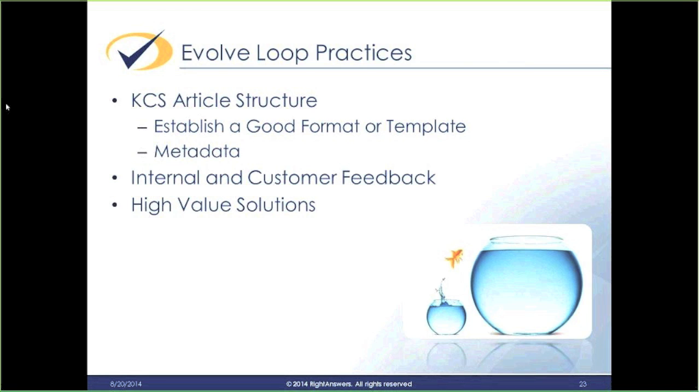So we mentioned that you want to focus your time on demand and on usage. Well, this is just one of the ways to do that, is to look at those patterns, look at those clusters, find out the common themes, issues, procedures, and build out better quality solutions. Typically about 20% of your knowledge base would come from high-value solutions.